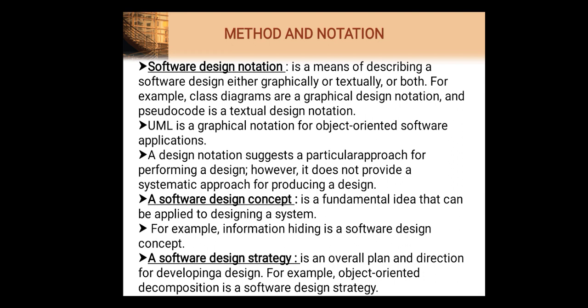For example, a class diagram represents your software architecture with the help of graphical notation, whereas if you want to describe your architecture in a textual format, you can use pseudocode or an algorithm. These are textual design notations.